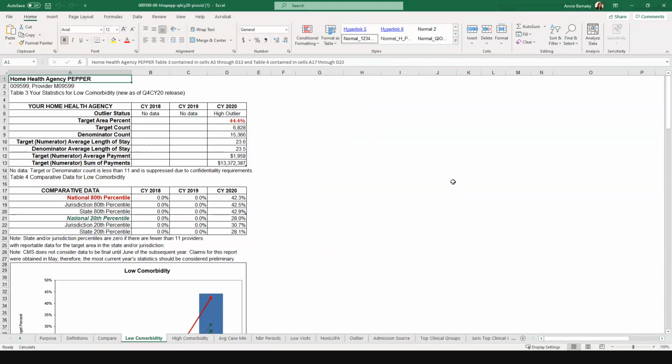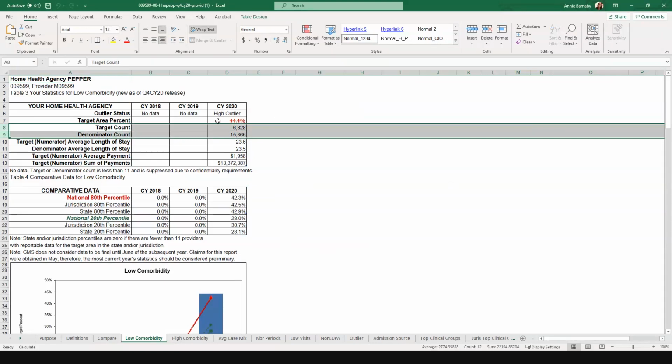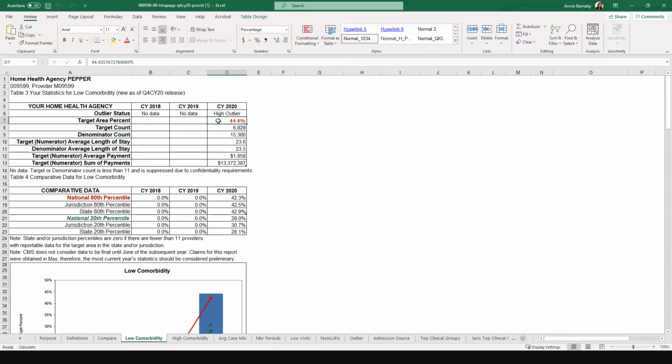And then it breaks it down for you. I'm working from the top down here. We have your target count and then your denominator count. So not only does it give you your percent value for your outcome, but it also gives you that numerator and denominator of how that percentage was calculated.